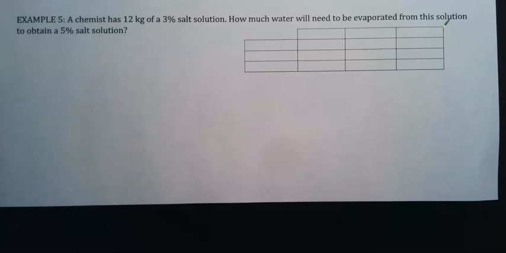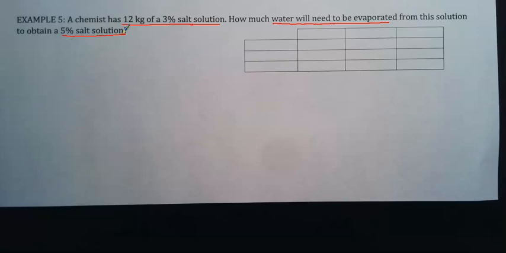How much water will need to be evaporated? I know that this doesn't seem important, but it is. Okay, so we have to think about this.